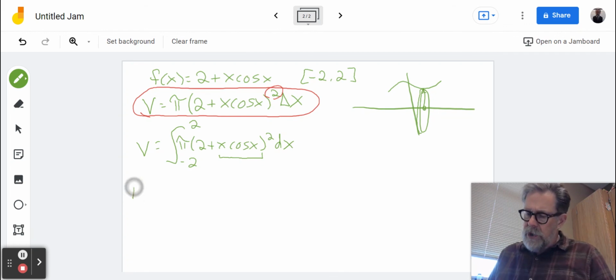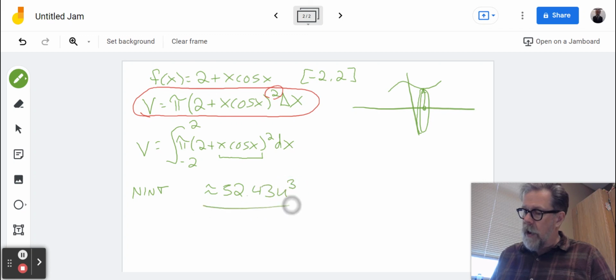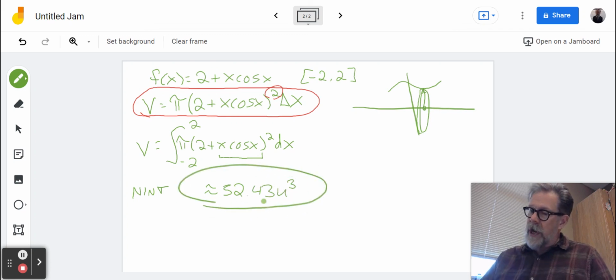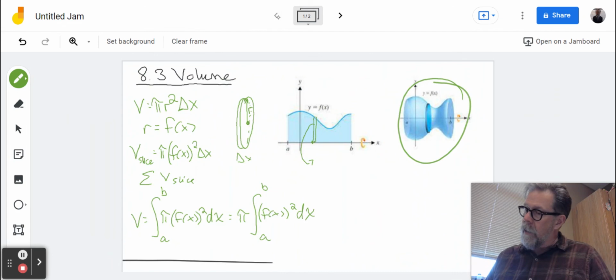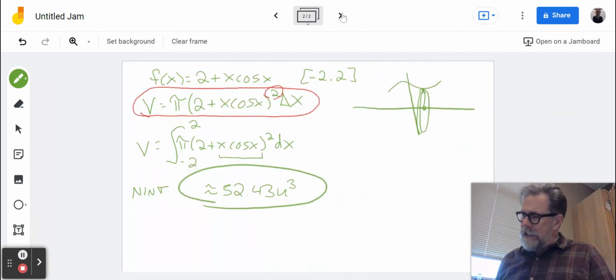So we're just going to use the numerical integration feature on our calculator. And what we get is that this volume is approximately 52.43 cubic units. So whatever our units are, the shape that we had in the previous problem has a volume of approximately 52.43 of those cubic units.